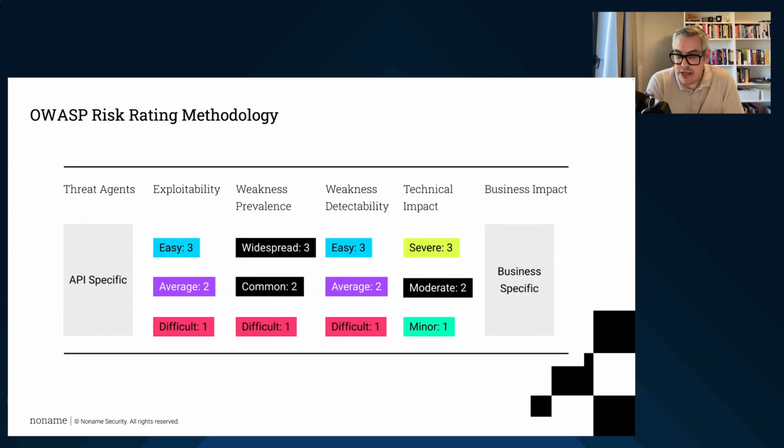How easy would it be to detect using existing tools? What would be the technical impact of such an issue or such a breach? What would be the potential business impact? So across all of these categories, they take these ratings and they then figure out the top 10 essentially.